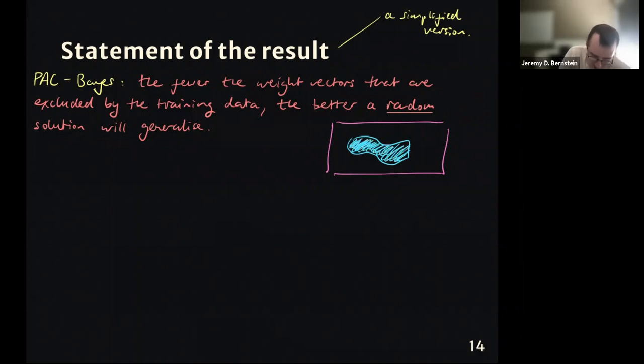And the mechanism of PAC-Bayes is that if the volume of solutions is large enough, the expected generalization error averaged over the solutions can't be too different from the expected generalization error averaged over the entire space. So this is the mechanism.